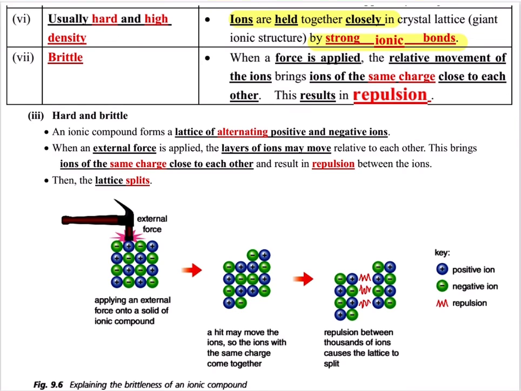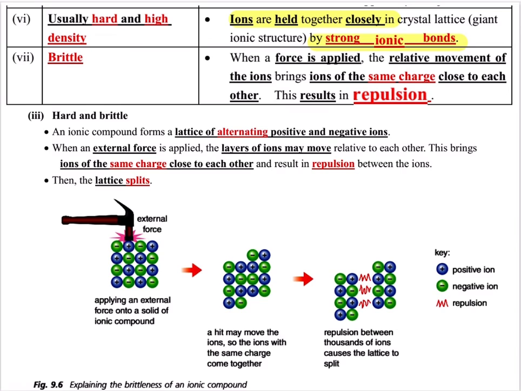Plasticine is not hard, because when we press it, it changes shape. But think about common salts: they are very hard. Why is it hard? Because the strong ionic bond holds the ions together. So in order to change its shape, you need to break the strong ionic bond. So it is hard to change.